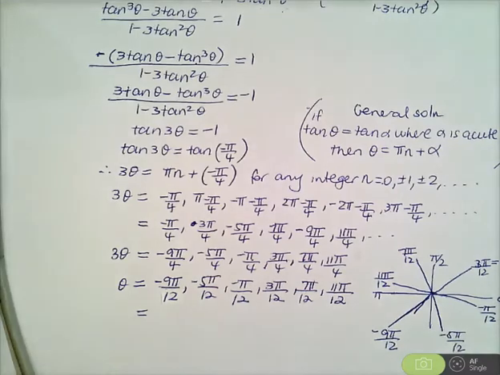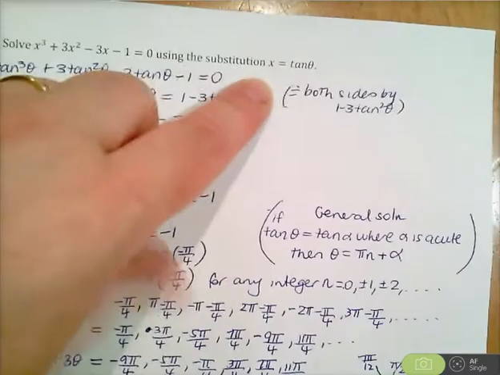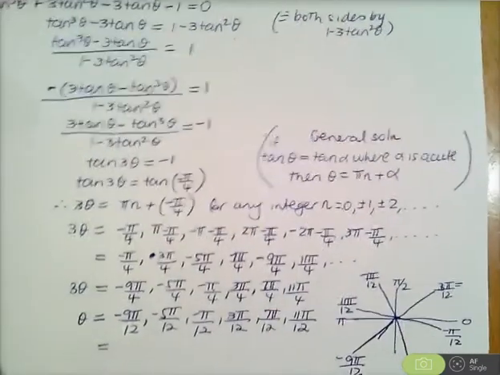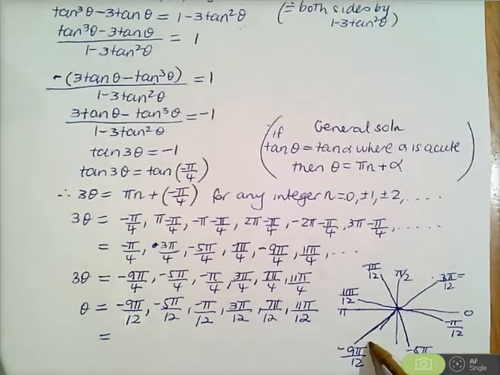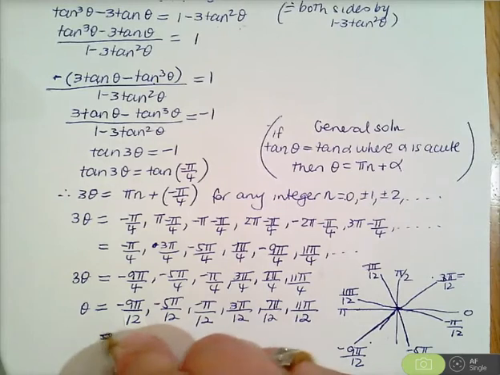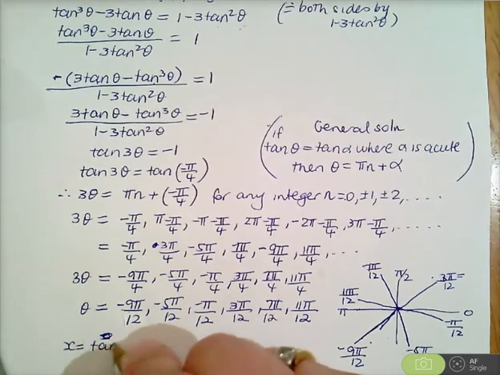Now, you might say that all these look different. But remember, we're letting x equal tan theta. In quadrants 1 and 3, tan is positive. So remember we're looking for x equals tan theta.